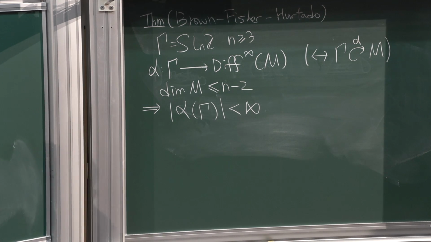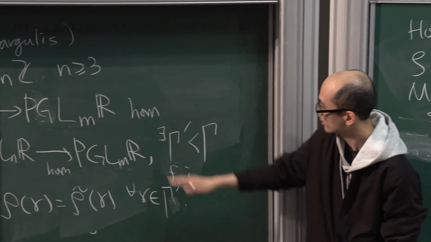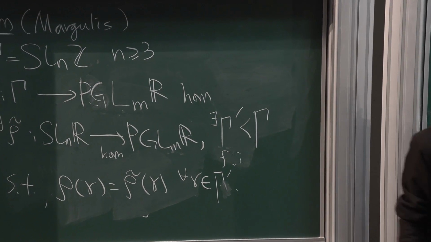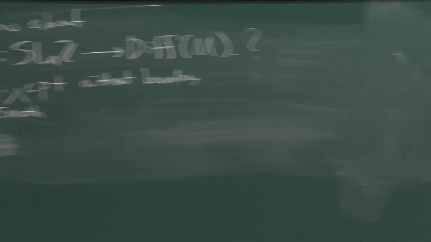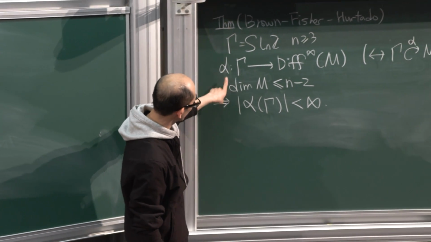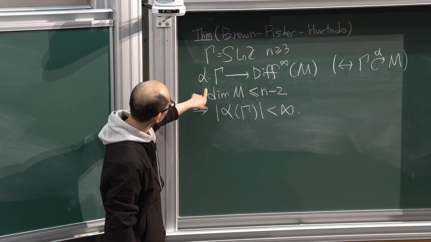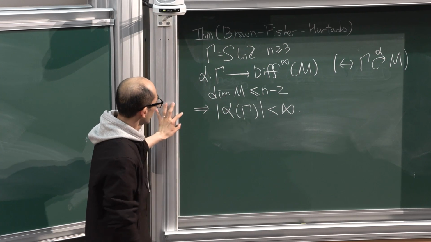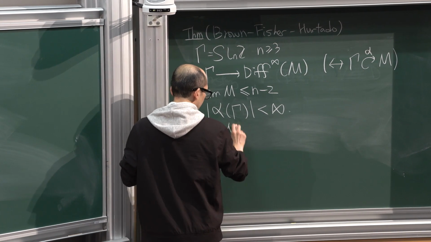So now you can compare the theorem of Margulis for finite dimensional representations and the infinite dimensional case. This was called Zimmer's conjecture, and now it is solved by Brown, Fisher, Hurtado. Let me add one more statement.